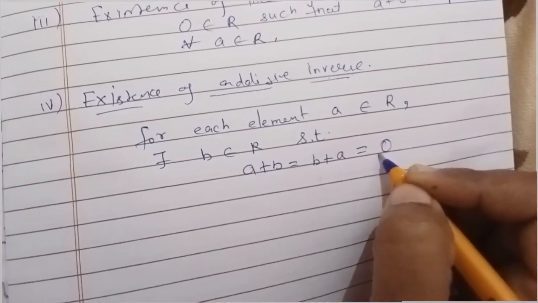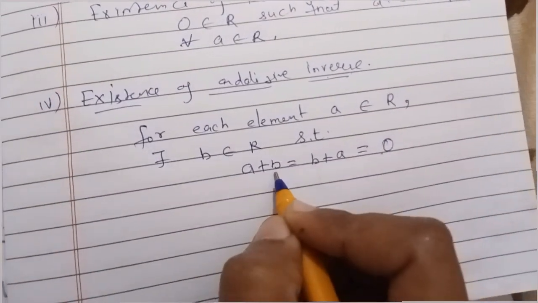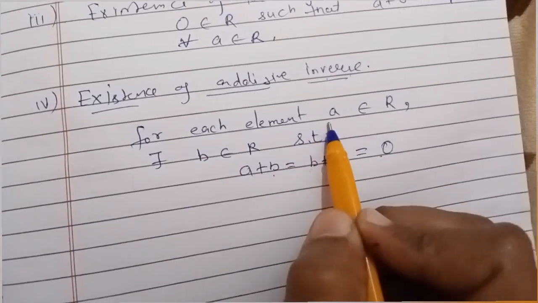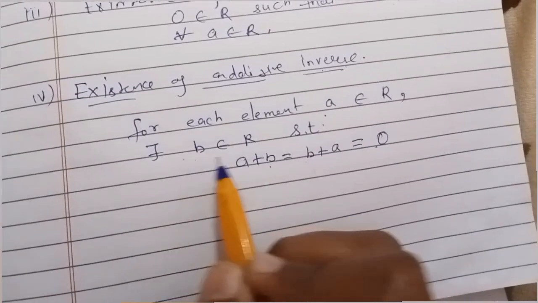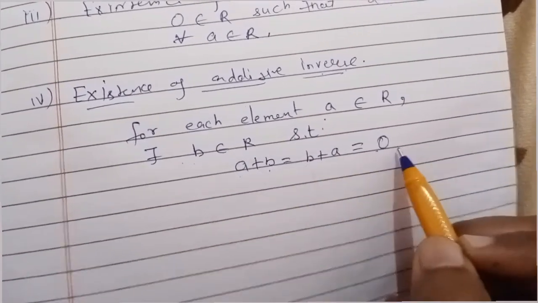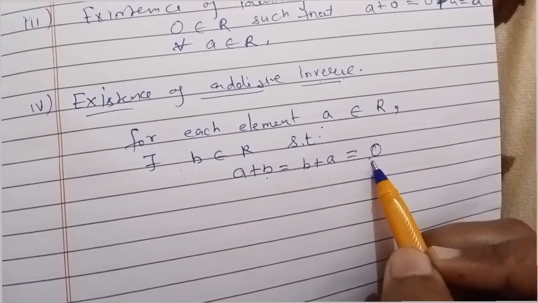So the element B is called the additive inverse. That means for each element A we have an element B, such that on adding to A we get the additive identity of the ring.